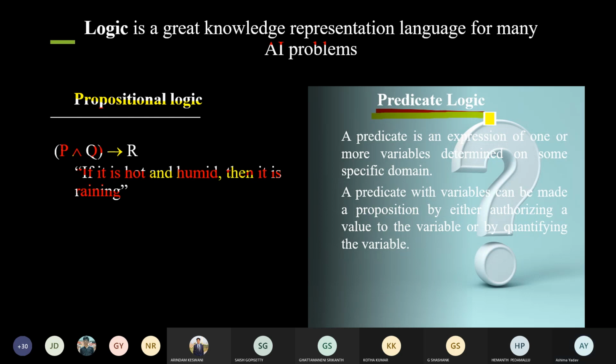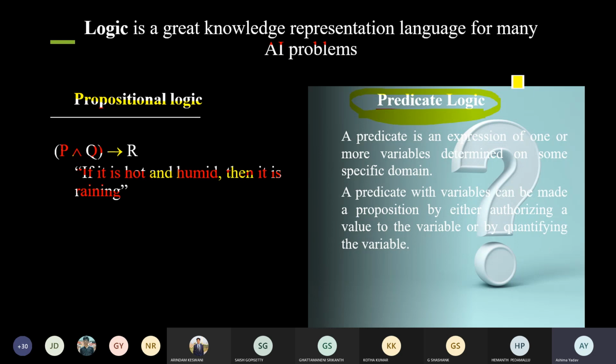There are some quantities which cannot be represented in propositional logic. Then we have predicate logic, which is more powerful than propositional logic. We can have more control in predicate logic to represent the values and the quantifiers. If I have terms like "some", I need some water, or please give me more water, these terms, some, more, all those things can be represented with the help of predicate logic.